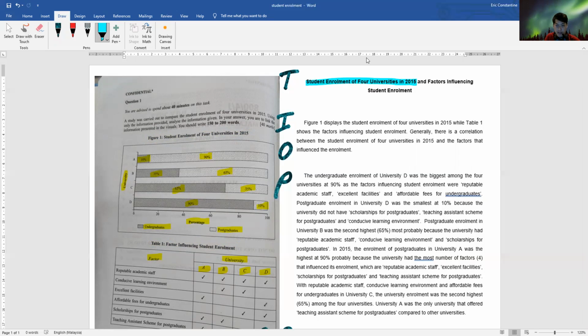So I just extract directly from this figure 1. So what I do, I just move or copy and paste over here. So that's in a way to form my topic. And the next one here is factors influencing student enrollment. All right, so this one also taken directly from here.